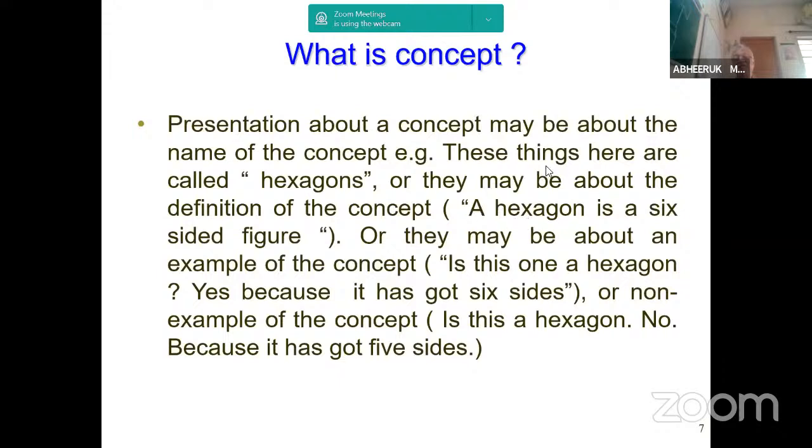So here hexagon is a concept. Hexagon has 6 sides. That is the main property. This is one hexagon. It has got 6 sides. What is a non-example? When we learn a concept, we also learn non-examples of that particular concept, hexagon.